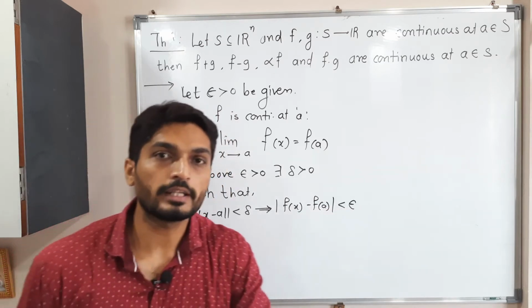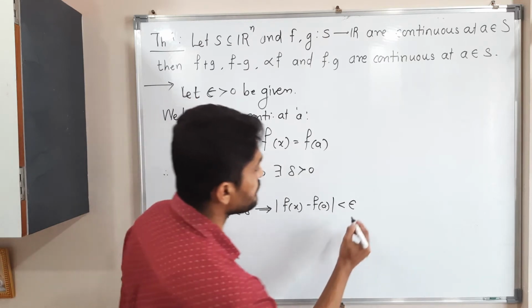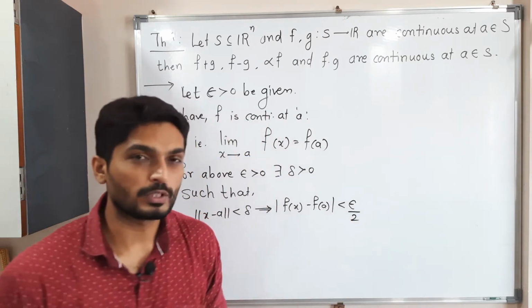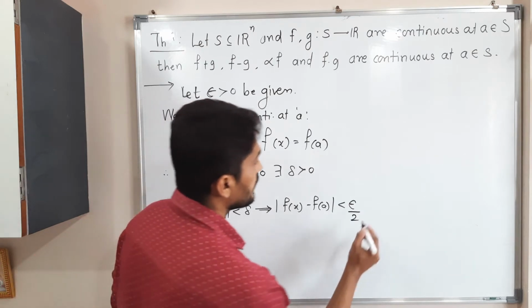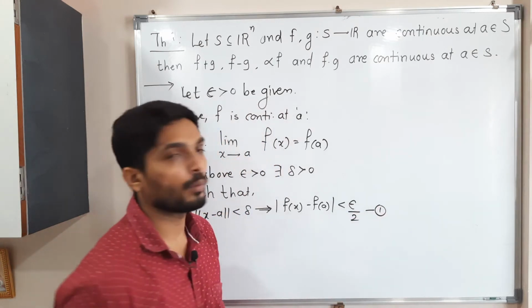A very small adjustment I am going to do. Instead of epsilon, I am going to take epsilon by 2, a small adjustment. So this is expression number 1, I will say.